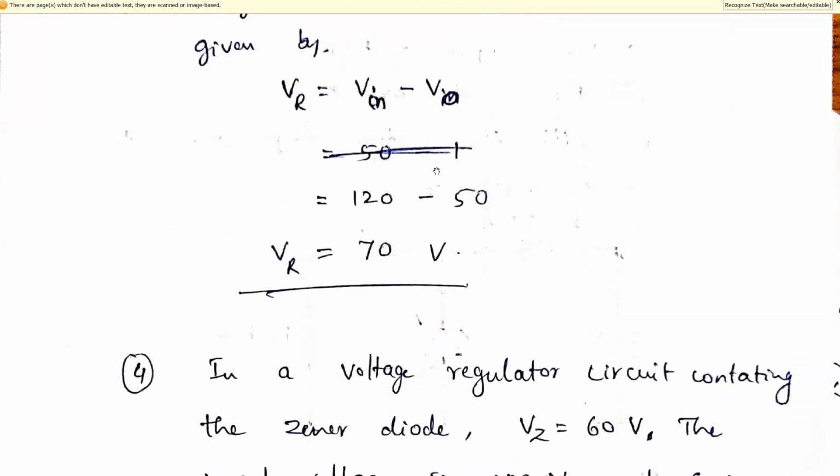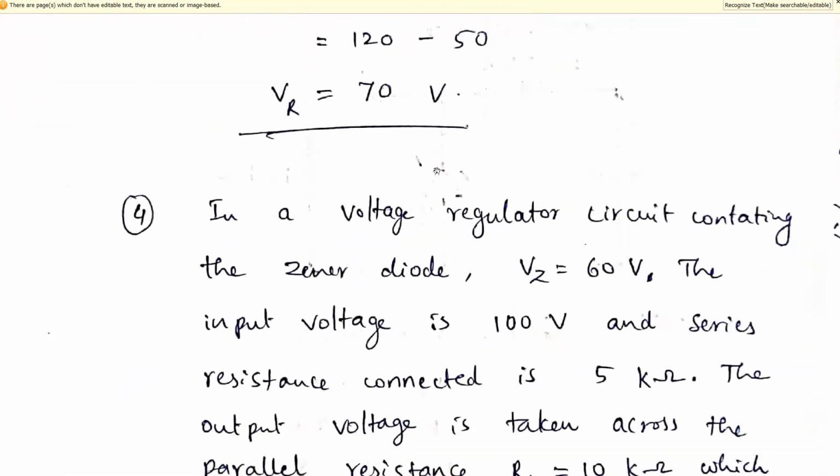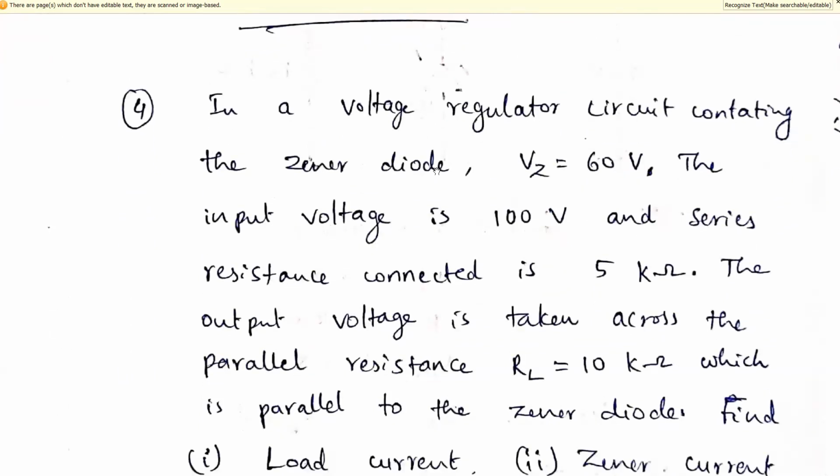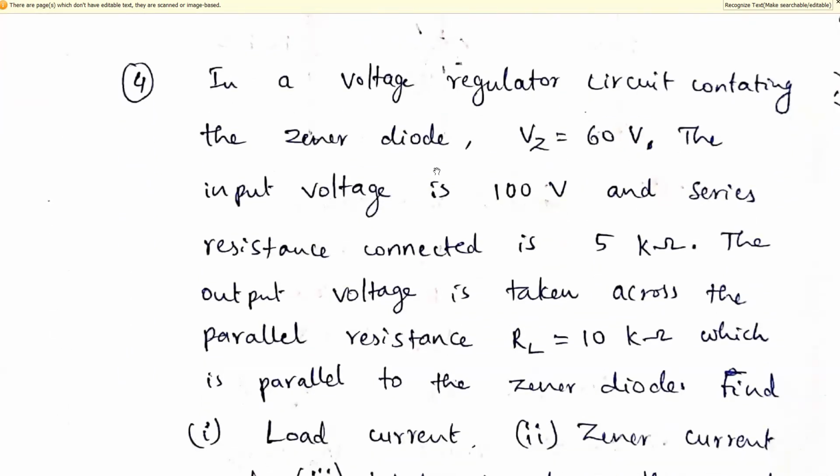Let us take the fourth problem. That is again on the Zener diode as a voltage regulator. In a voltage regulator circuit containing the Zener diode, Vz is equal to 60 volt. The input voltage is 100 volt and the series resistance connected is 5 kilo ohm. The output voltage is taken across the parallel resistance RL, which is equal to 10 kilo ohm, parallel to the Zener diode.